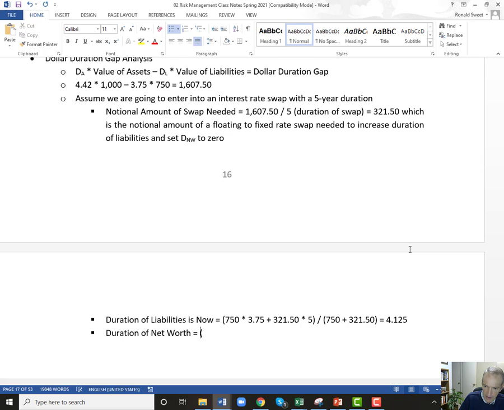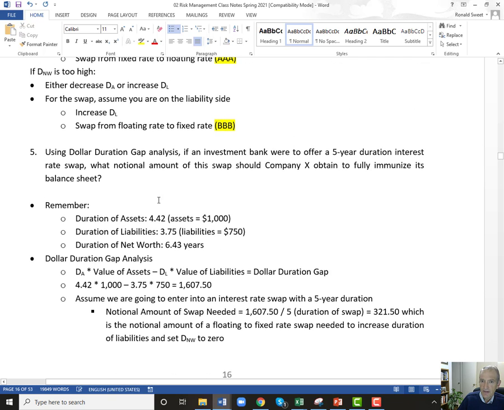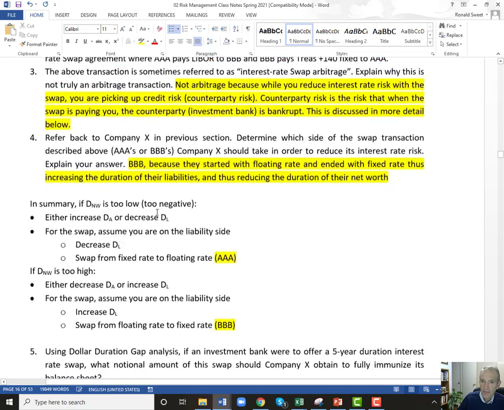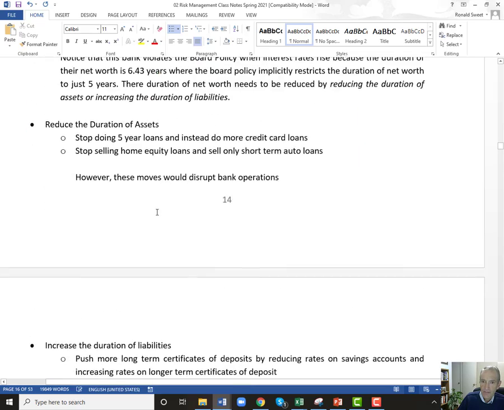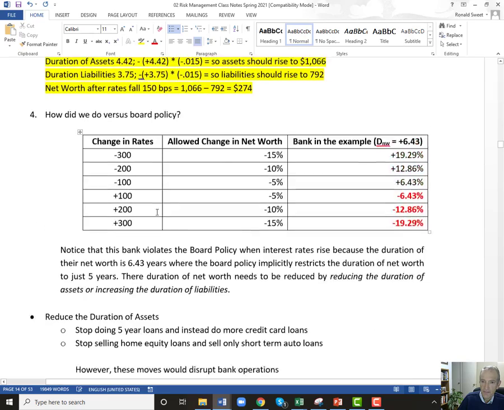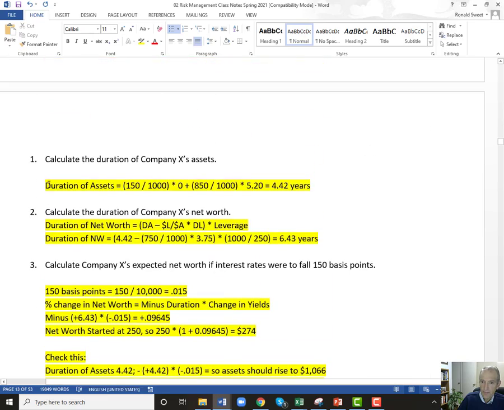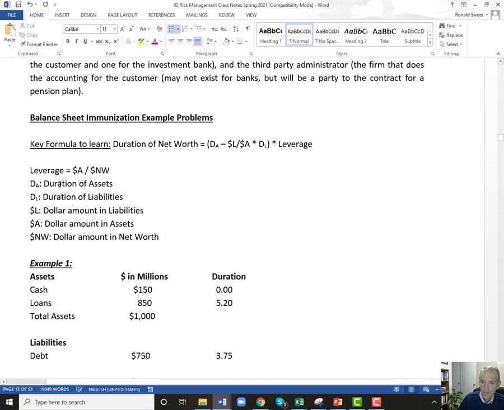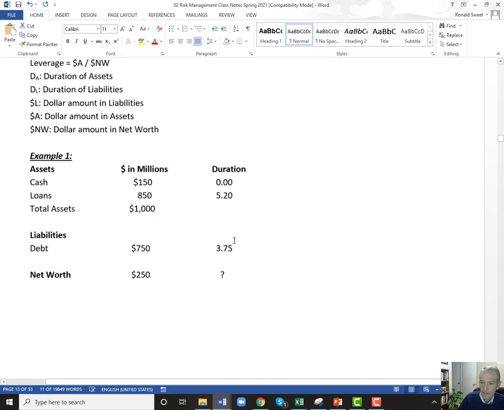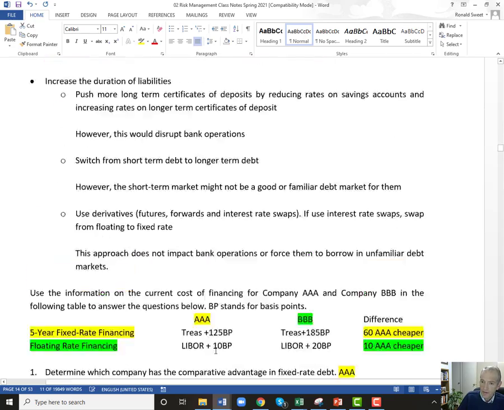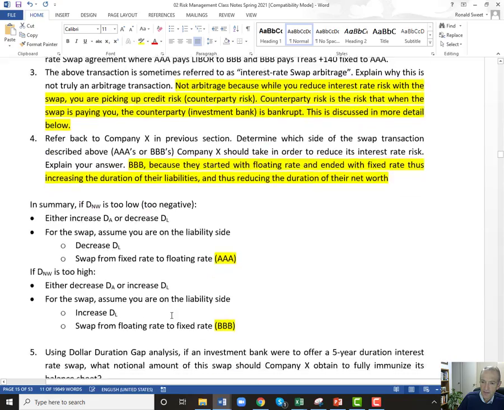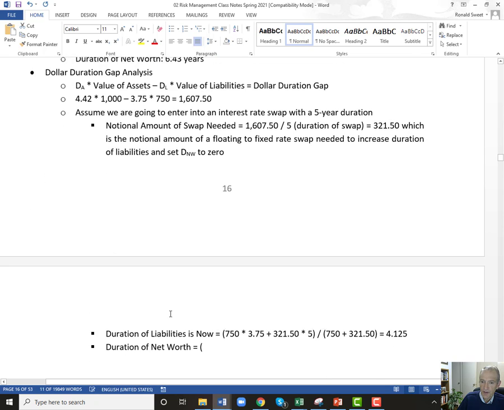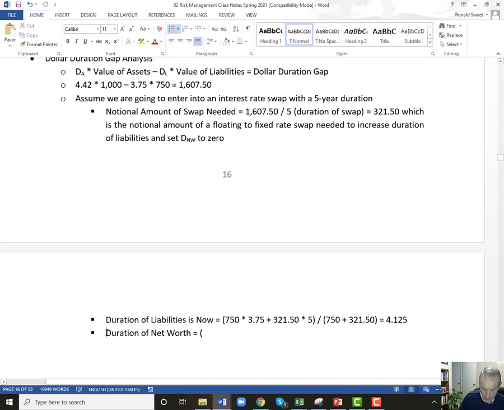So now what is the duration of net worth? Well, remember the formula, duration of assets, maybe I can bring that formula down. And you do have to know this formula for the exam, although the exam will probably be somewhat open book, which is sad. So there's our duration of net worth.